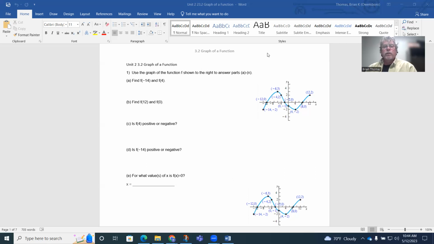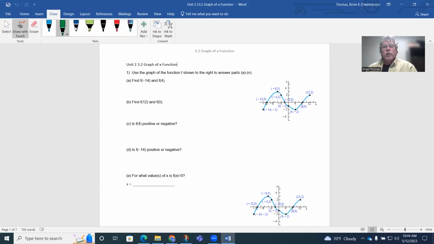So remember, if I give you this f of x, notice how what's inside the parentheses is actually going to be the x value.